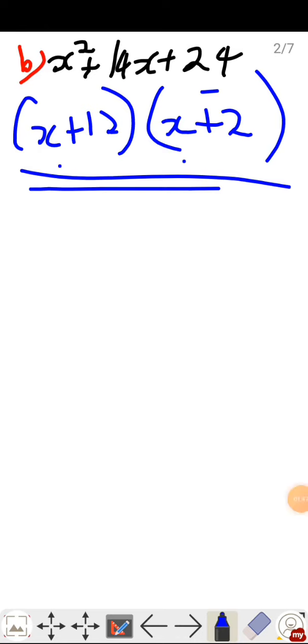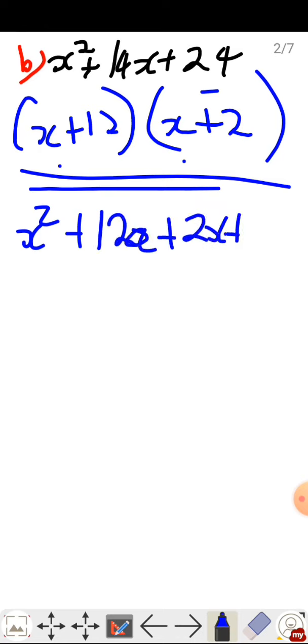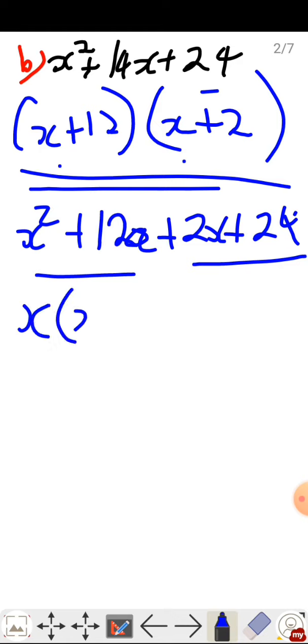So guys, if you are not familiar with this method, you would use the longest method, but it's still the same thing. So take x squared. Now our numbers are 12x plus 2x. We'll replace the 14x. Now we can group and factorize this and this individually. Here the common factor is x, then here 12, because x and x cancel.